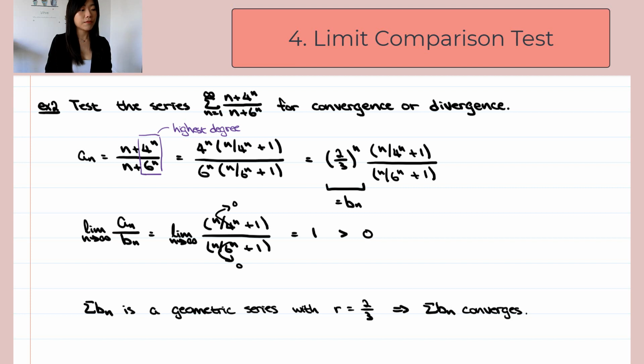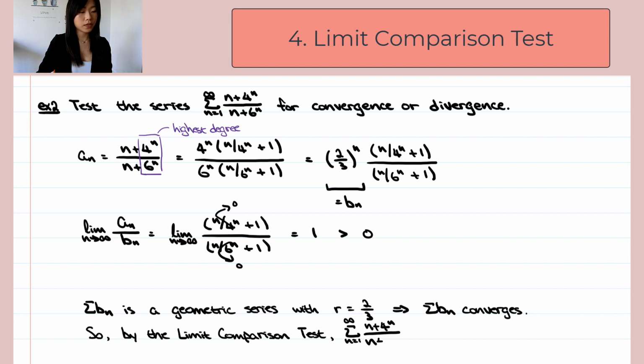Then, since the limit of the ratio is a finite value that is greater than 0, by the limit comparison test, the series for an, which is the sum for n starting from 1 of (n plus 4) to the power of n divided by (n plus 6) to the power of n, also converges.